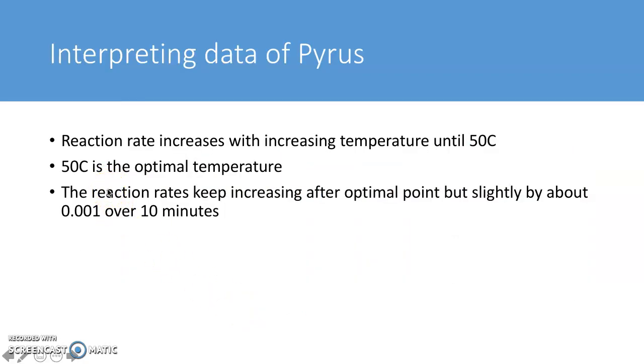So since at 50 degrees Celsius, the reaction rates increase with increasing temperature, which will make it the optimal temperature, because after that the rest of the reaction rates keep increasing, but only slightly, about 0.001 over 10 minutes, when they should be denaturing, but they just keep increasing.